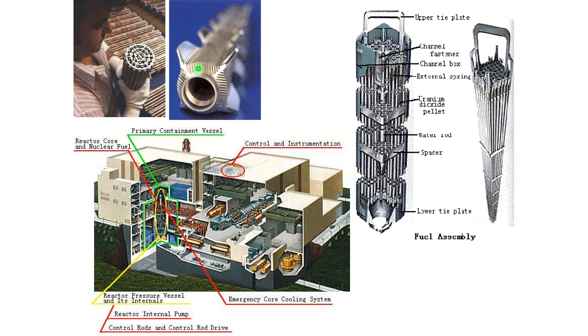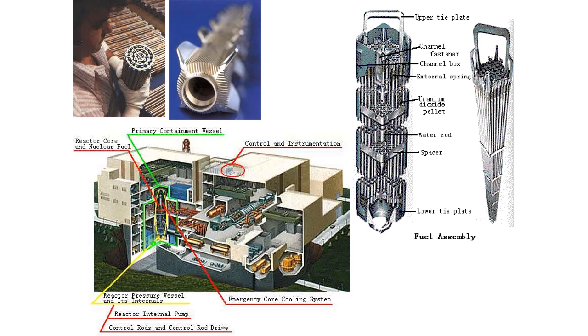It's important to remove hafnium from zirconium because hafnium absorbs neutrons, stopping the reaction. So the whole assembly with multiple rods looks like this, it is a fuel assembly, and it can be put back and forth into the reactor.